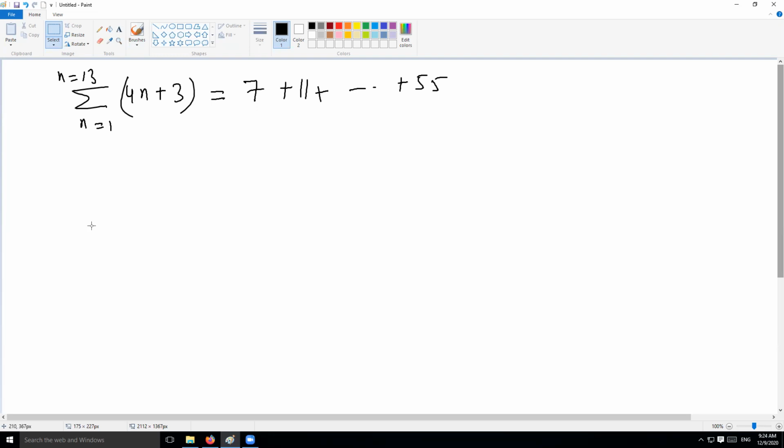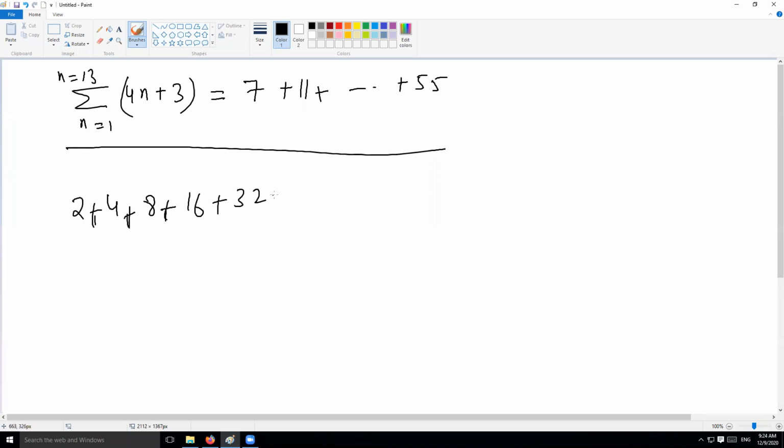By the way, how about if I have this kind of a sum: 2 plus 4 plus 8 plus 16 plus 32 plus so on and so forth, and say it goes up to the last term 64.